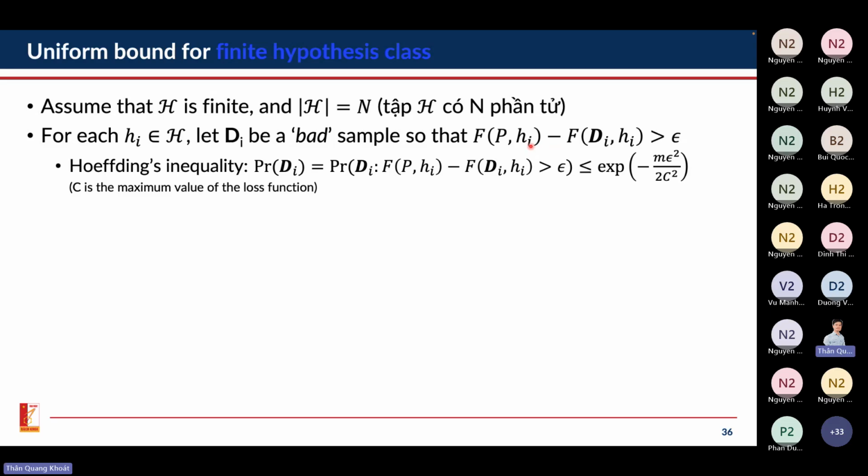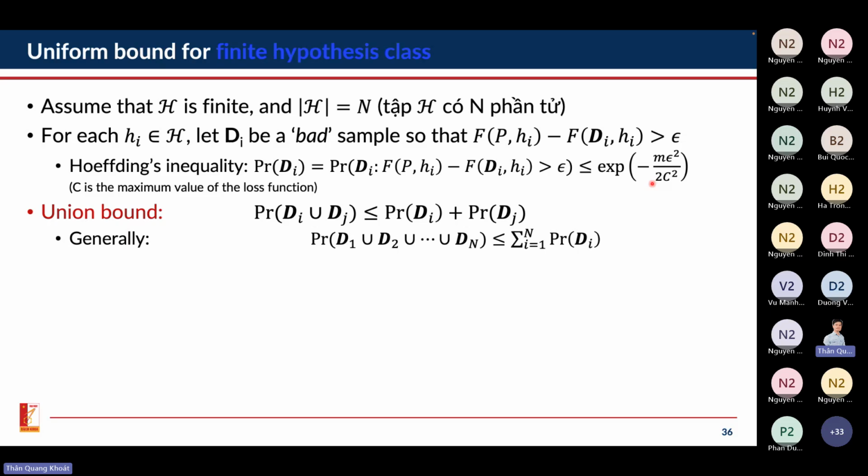From Hoeffding's inequality, we can show that the probability of D_i is at most this one, right? The probability of D_i so that this difference in error is large. And by Hoeffding, because D_i is independent of h_i, we can apply the Hoeffding result.